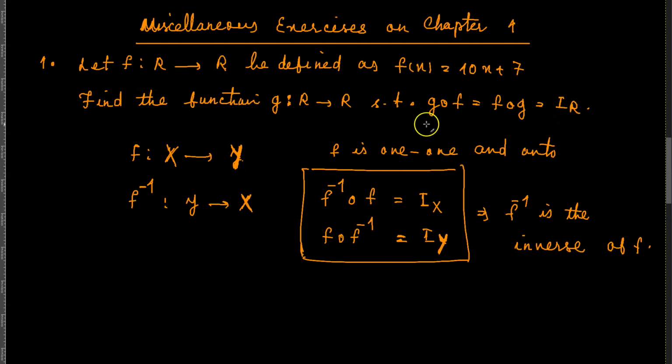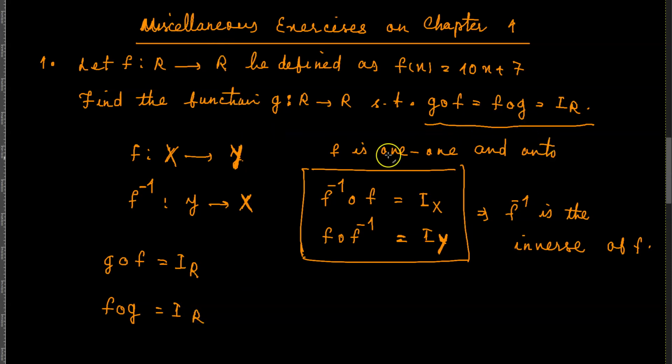Now the statement that we have over here, g of f is equal to I of R, which is the domain of f, and f of g is also I of R, which is the range of f.